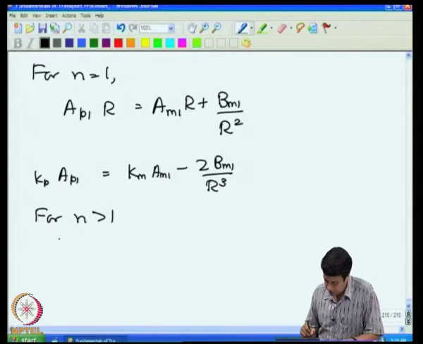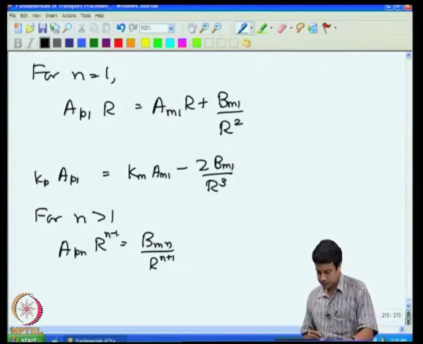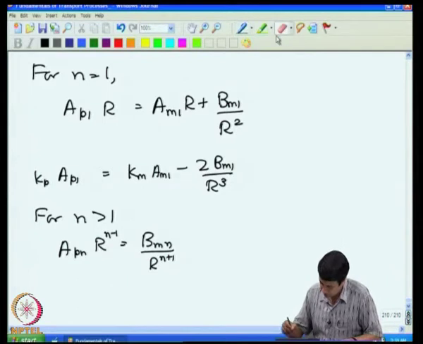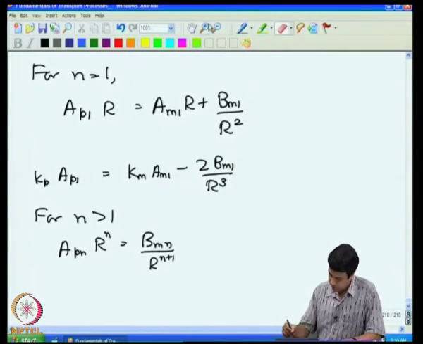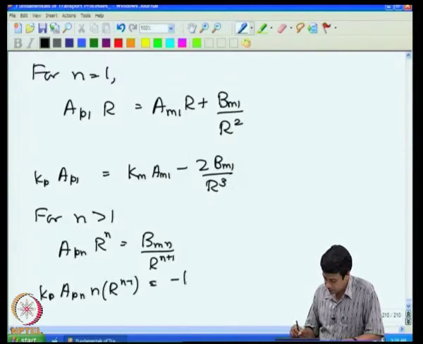So, I will have the temperature condition A_pn r equal to B_mn by r^(n+1), and the flux condition Kp A_pn n r^(n-1) is equal to minus Km B_mn by r^(n+2) times (n+1).